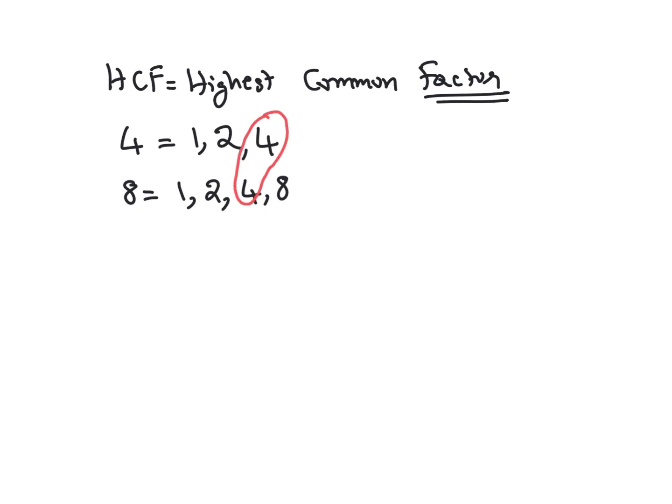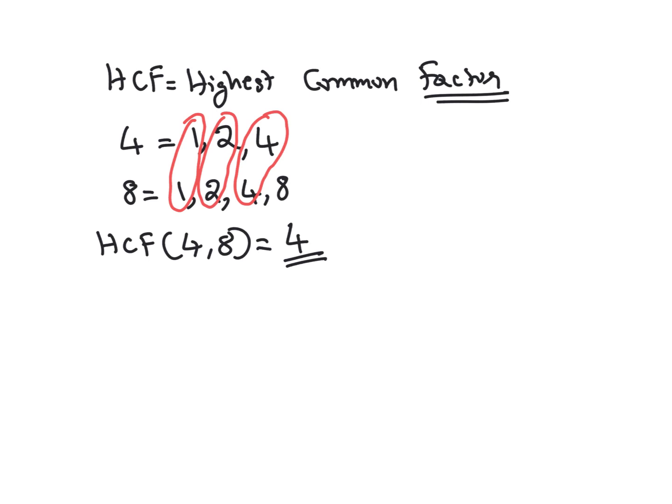See that? What is the highest? And of course we also have 2 as a common factor. 1 also is a common factor. Okay. What is the highest common factor of 4 and 8? Make a guess. It is 4.